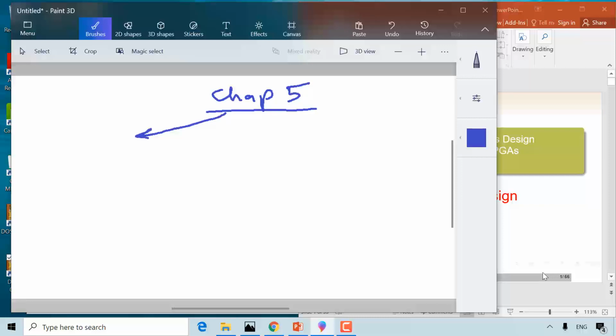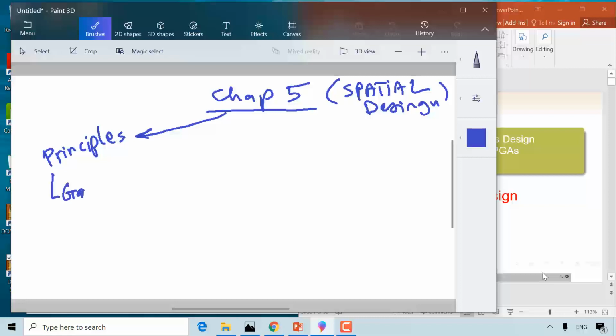We initially looked at the principles of parallelism, chapter 5 obviously being about spatial design. So we initially looked at the principles, and the main ones we looked at, the granularity.